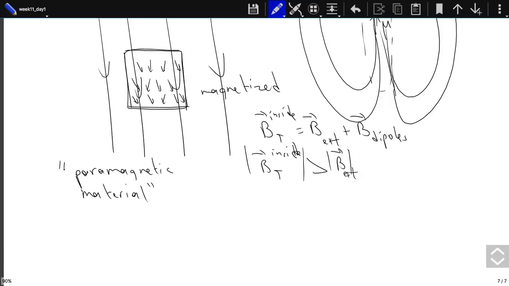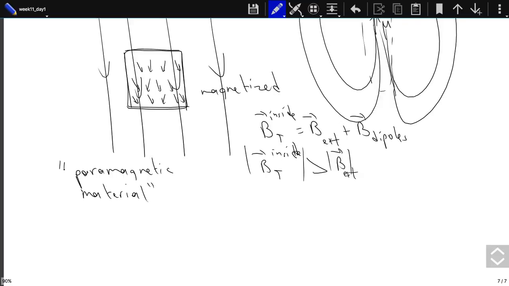No, their so-called magnetization without an external magnetic field is zero. With an external magnetic field, they will be magnetized. They will have non-zero magnetization. For example, iron is not such a material. But this book probably is paramagnetic. We will see what iron is.